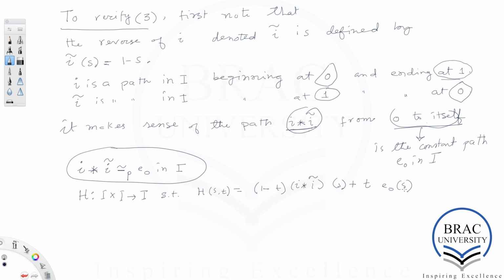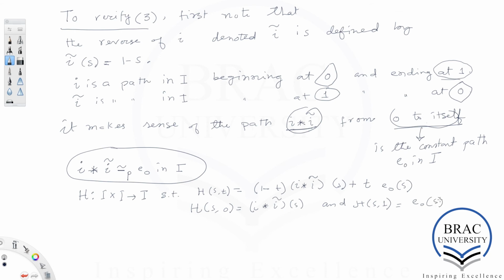Then one immediately sees that h of s comma 0 is equal to, plugging in t equals 0 here, just i star i twiddle at s, and h of s comma 1 is going to be, this cancels, this goes away, and what we have is just e0 of s.